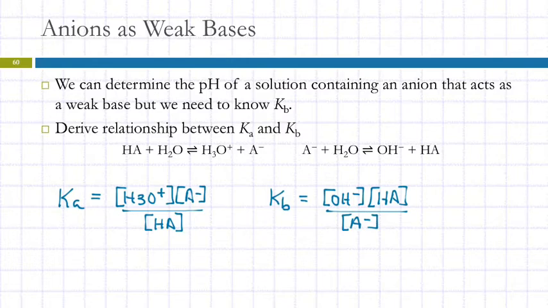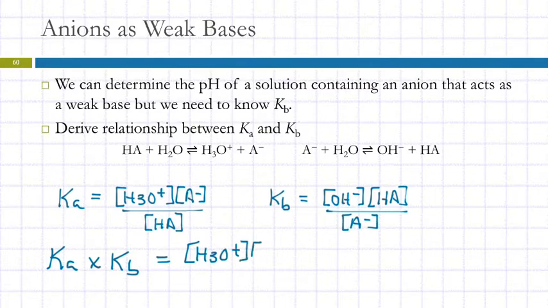So let's multiply Ka times Kb and see what we get. So there's Ka and Kb.